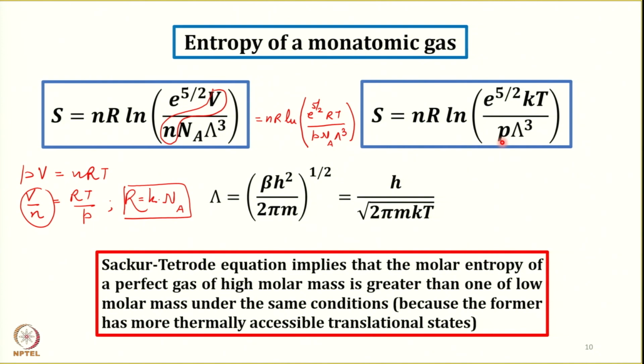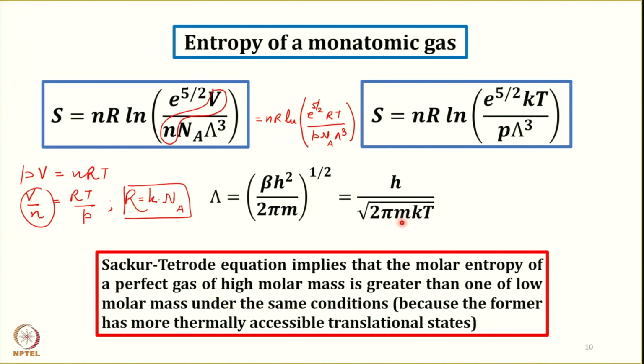Let us now consider this comment. The Sackur-Tetrode equation implies that the molar entropy of a perfect gas of high molar mass is greater than one of low molar mass under the same conditions. Why?